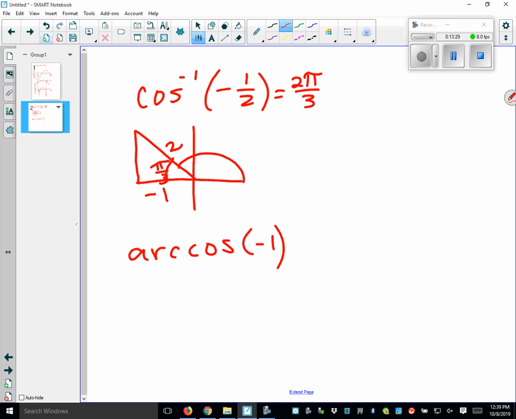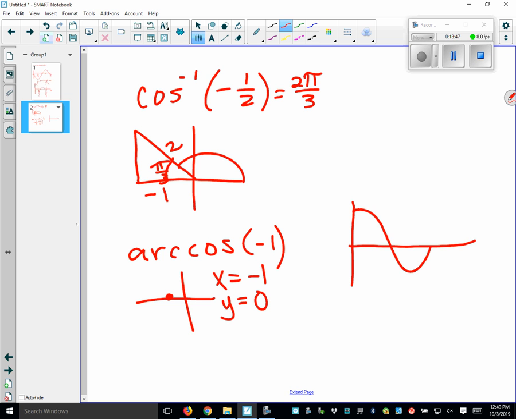So I can do this 2 different ways. I can say x is -1, so y is 0, which means I'm here, right? That would just be pi. Or I can say, here's my cosine graph. I'm at -1 right here, which is at pi. You can do it either way.